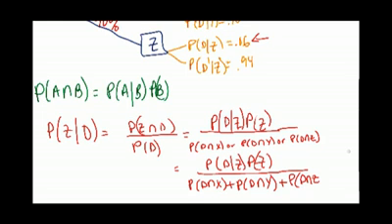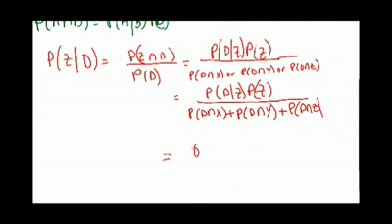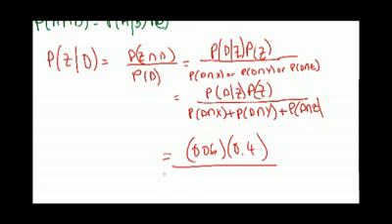Alright, and if you do that and plug in the numbers, you should get 0.06 times 0.4 over 0.24 times 0.05 plus the other terms.